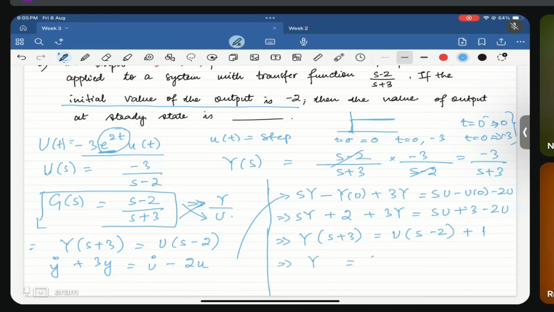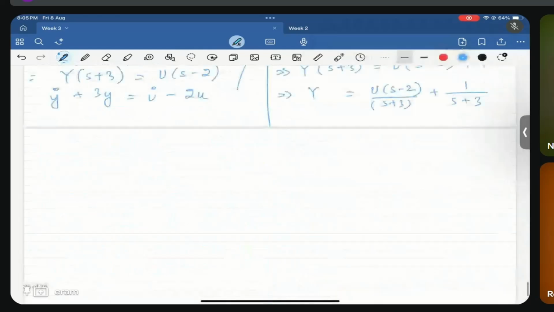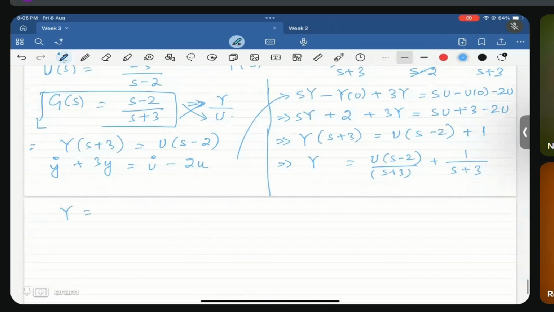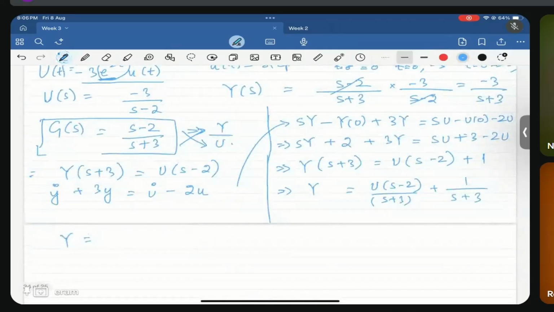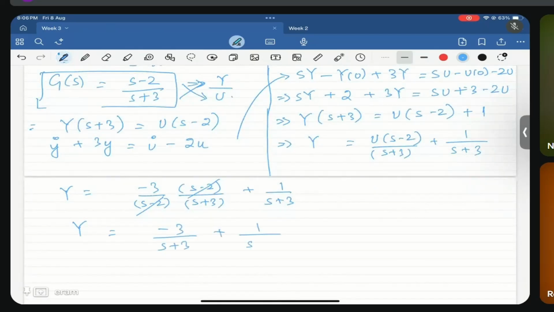Now Y will be U (s minus 2) by (s plus 3) and 1 by (s plus 3). Okay, so if we put the value of U, which was minus 3 by (s minus 2), so minus 3 by (s minus 2) into (s minus 2) by (s plus 3). So these will cancel out and Y will be minus 3 by (s plus 3) and plus 1 by (s plus 3). Okay.